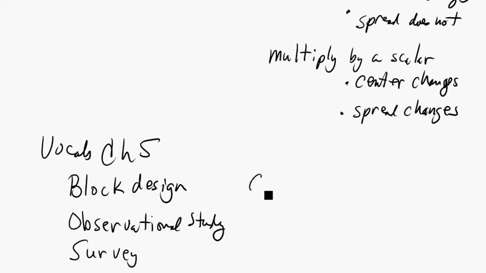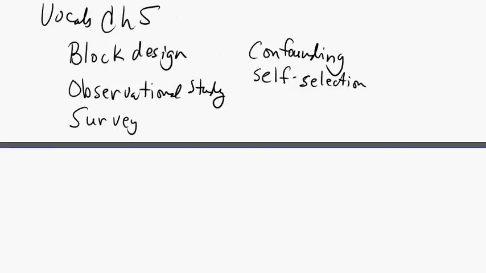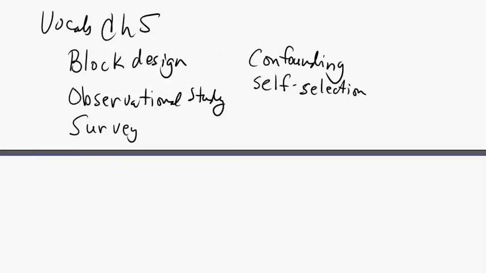What does confounding refer to? What is self-selection? Make sure you look that up because I don't think we've gone over that one particularly a lot, but the word did come up in one of the questions on the test. Hint, hint. What's a census as opposed to a sample? So I'll say census versus sample.